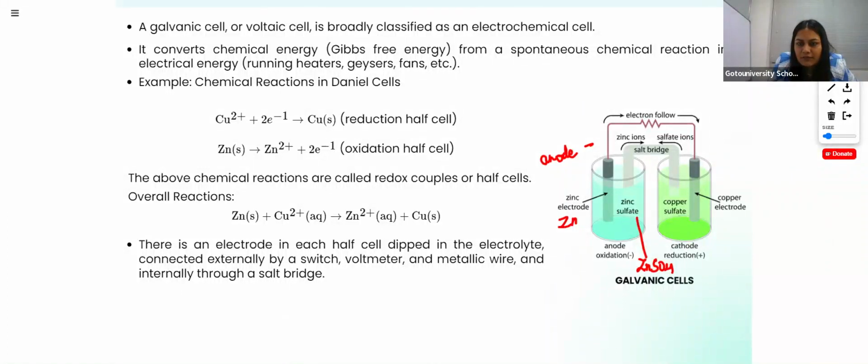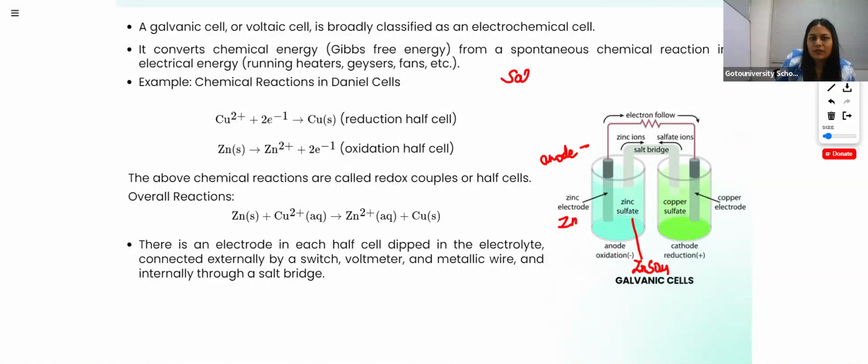So as we have seen the setup for the electrochemical cell, on the left side we have a zinc electrode dipped in zinc sulfate solution, and on the right side a copper electrode dipped in copper sulfate solution, and we have a salt bridge. What is actually a salt bridge?